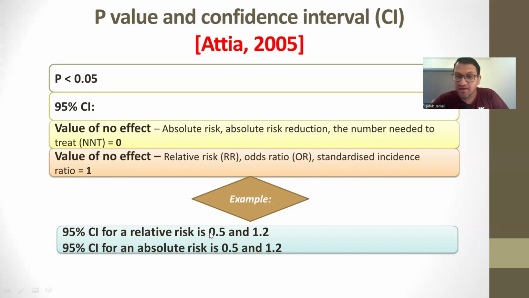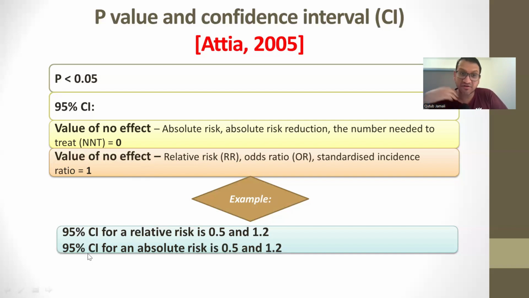If 1 is between this interval, then it is statistically insignificant. Okay, so if the article measures relative risk, we know that the value of no effect is 1. Now here in the article it is 0.5 and 1.2, and you can clearly see that there is a 1 between this. So if there is a 1 between this, it means that the data is statistically not significant.